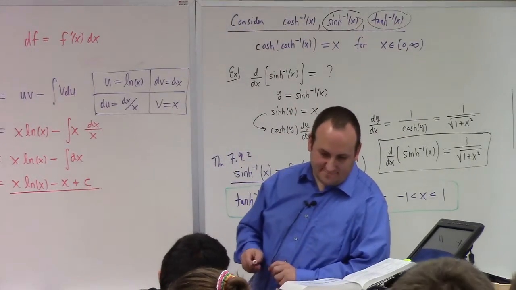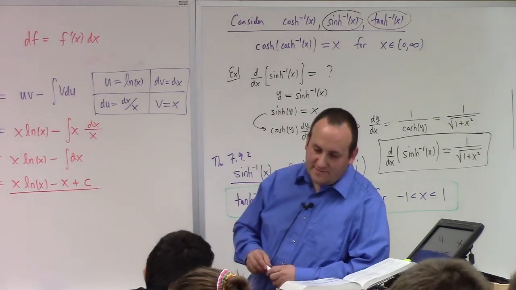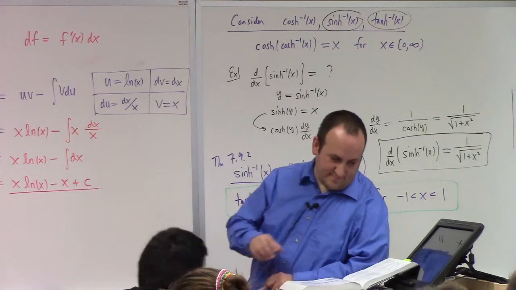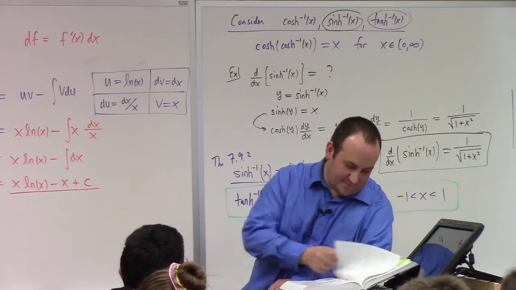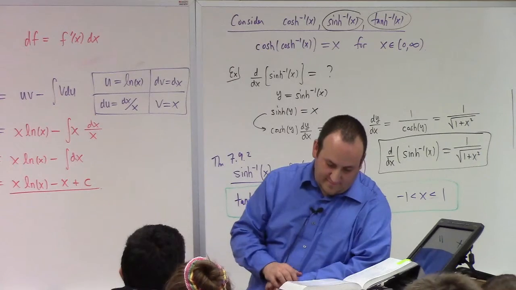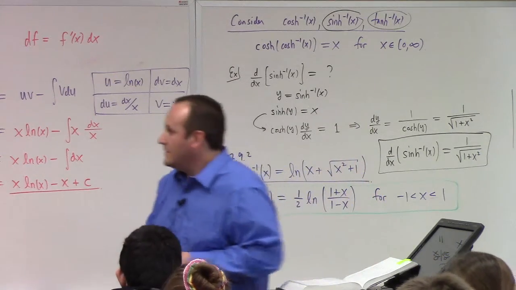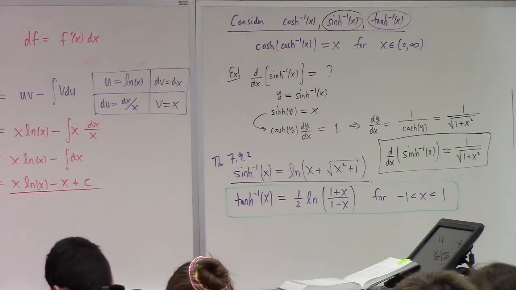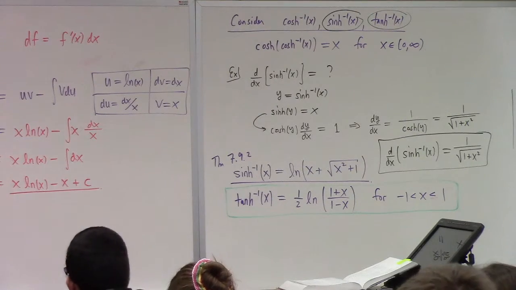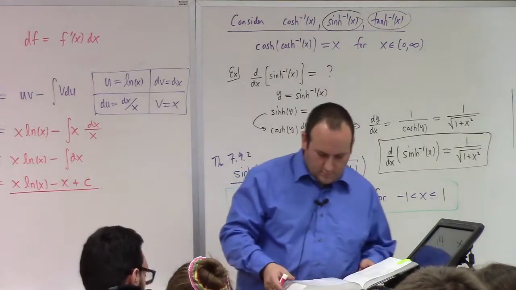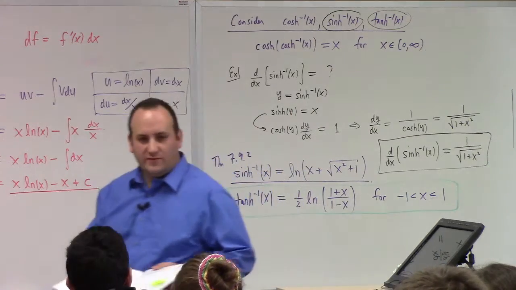Yes, sir. Which number? 7.732. Now I know why we're doing the quotient rule.